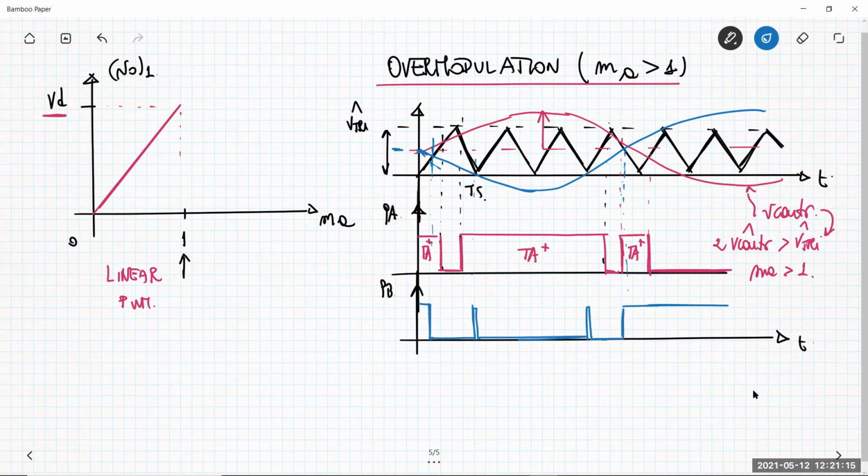Something like this, not to be so precise, but anyway, to give you the basic idea.